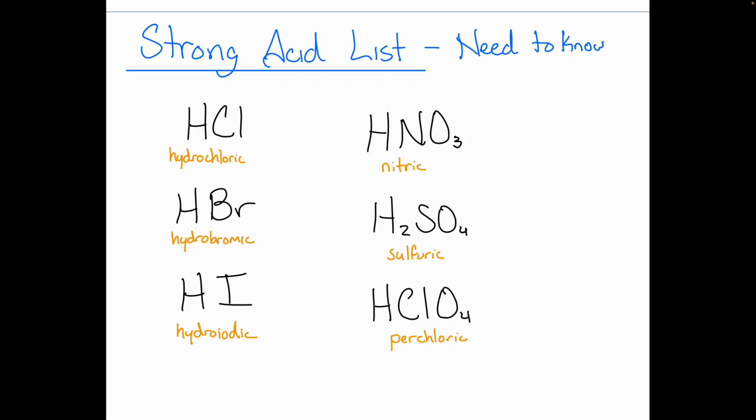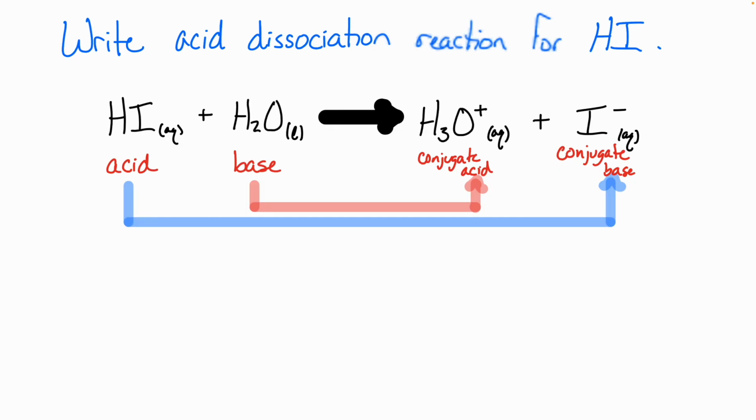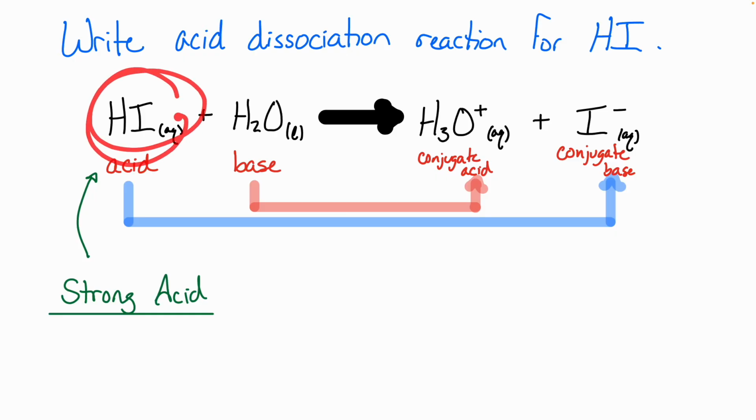And remember what it meant to be a strong acid. All right, in terms of our pH calculations, this is actually going to make our lives a lot easier. If we have a strong acid, that's kind of best case scenario. That means that whatever concentration of our strong acid we start out with here, 100% of it is going to dissociate into our conjugate acid and our conjugate base, meaning however many molecules of hydroiodic acid I have, that's how many molecules of my hydronium will be created.